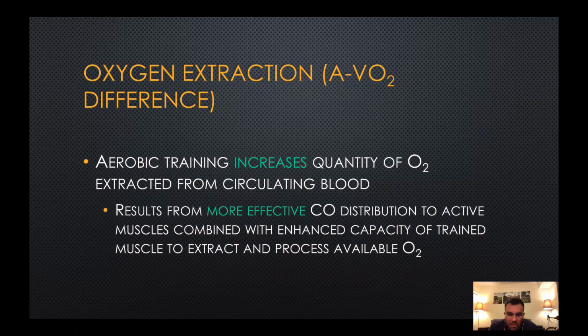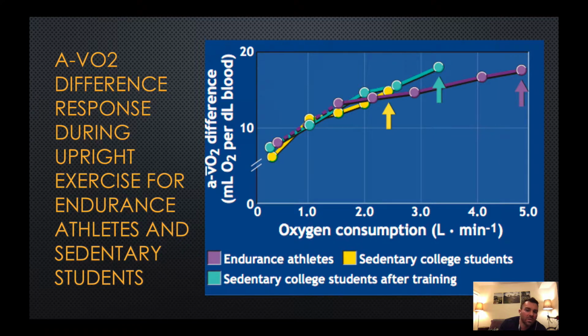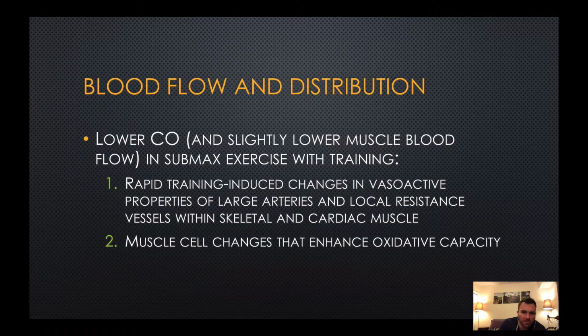There's a greater capacity for you to extract that O2 out of that blood into the working muscle. Same thing again, as we mentioned before, as we see improvements in AVO2 difference through a training protocol. Again, you could look at that as well.